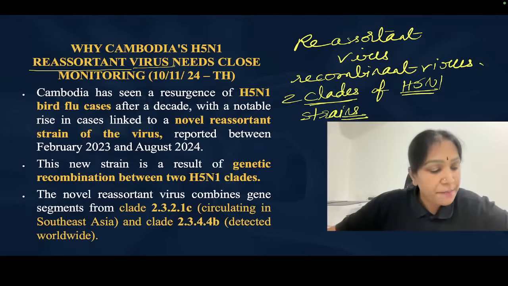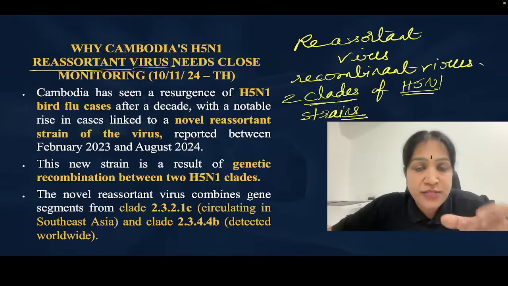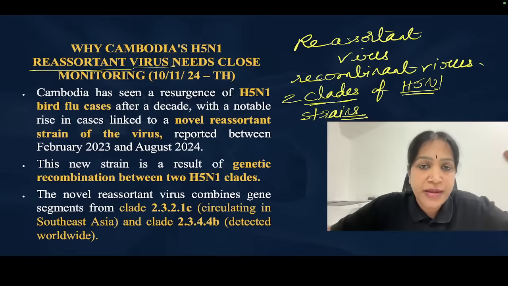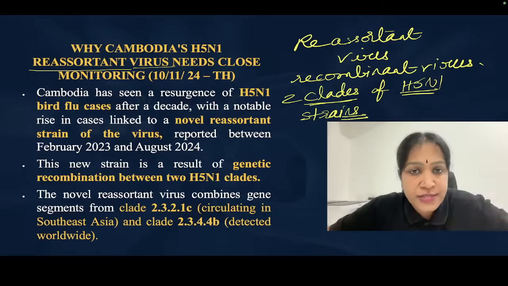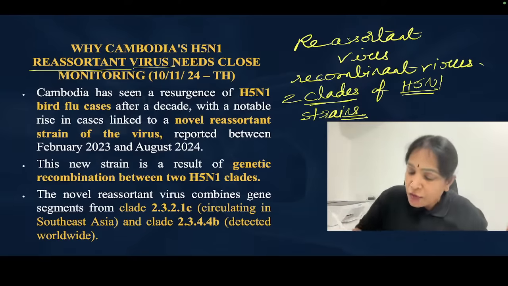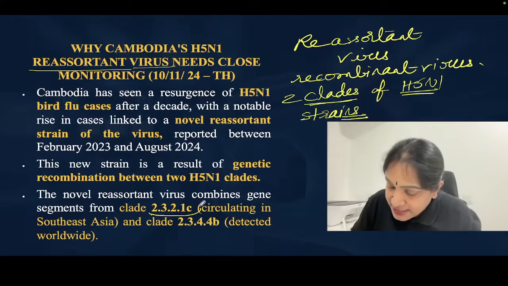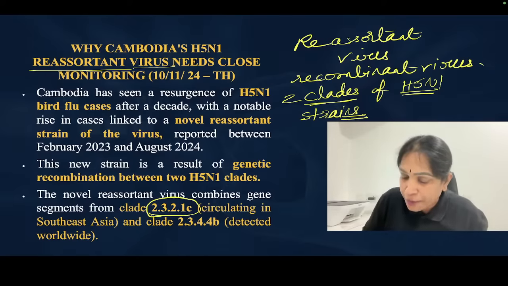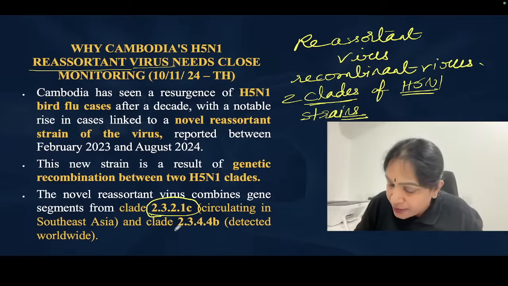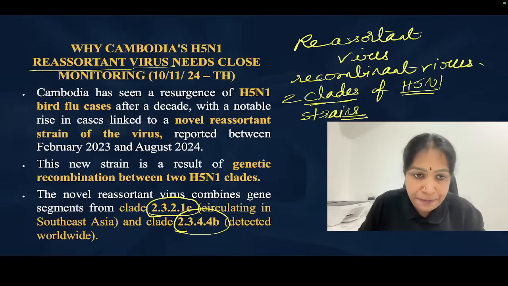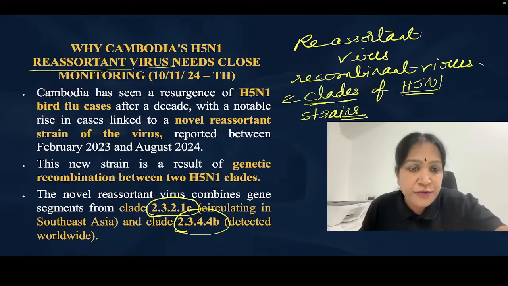The famous example in COVID-19, we have seen the strains like Omicron strain, Beta strain like that. The strains of H5N1 are called as clades. What are the two clades that you can see here? 2.3.2.1c, 2.3.4.4b. These are the names of two clades of H5N1.